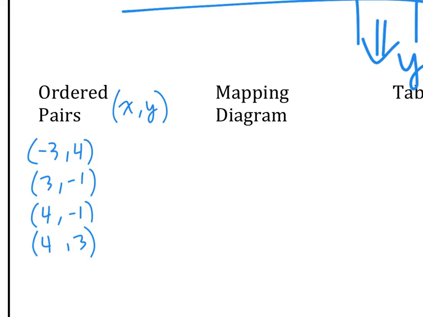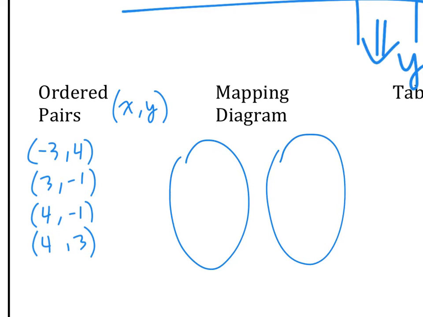The other way to represent it is called the mapping diagram. So a mapping diagram looks like this. On the left, we have our x's, and then on the right, we have our y's. Let's say we want to take those 4 ordered pairs and map them. We're going to take all the x's and put them on the left, all the y's and put them on the right.